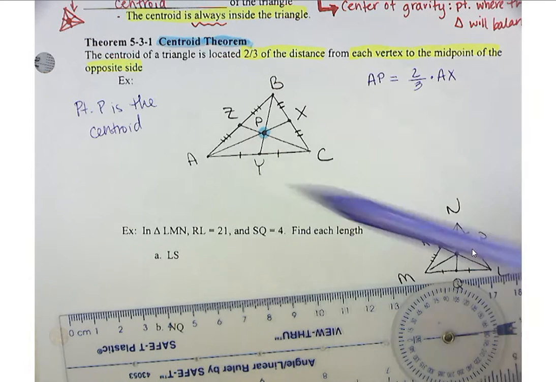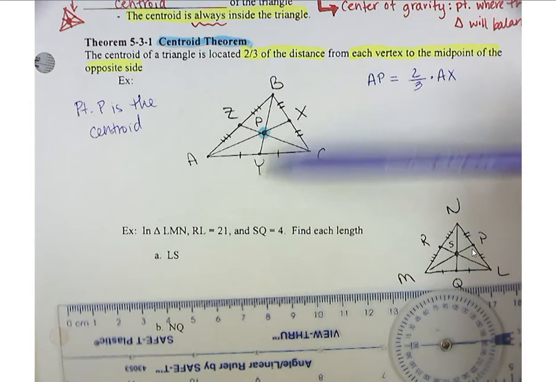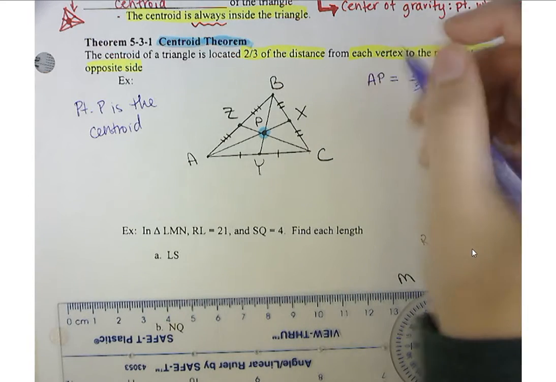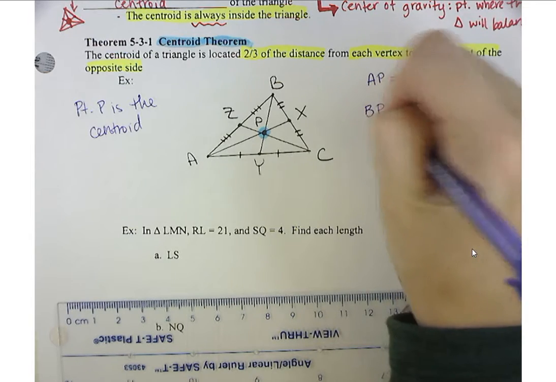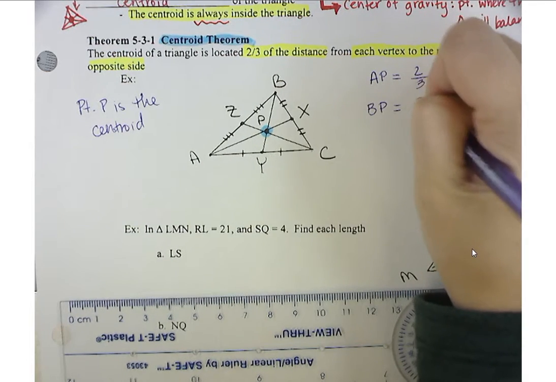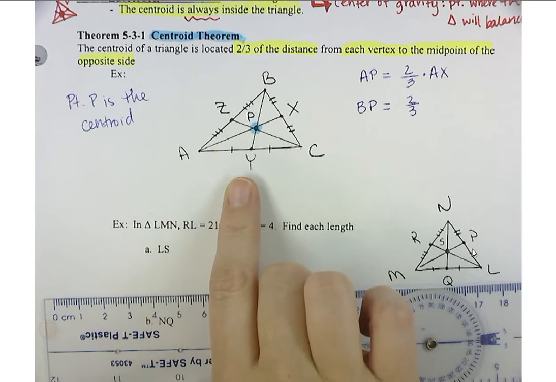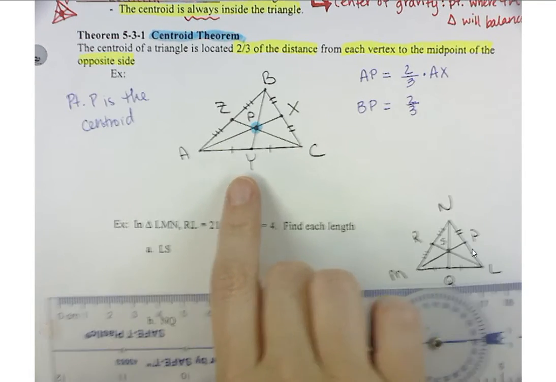Okay, let's look at this one here. So you have BY. So from B to P, that's going to be 2/3 of, do you guys think you can tell me? Of BY. So BY is the entire segment.